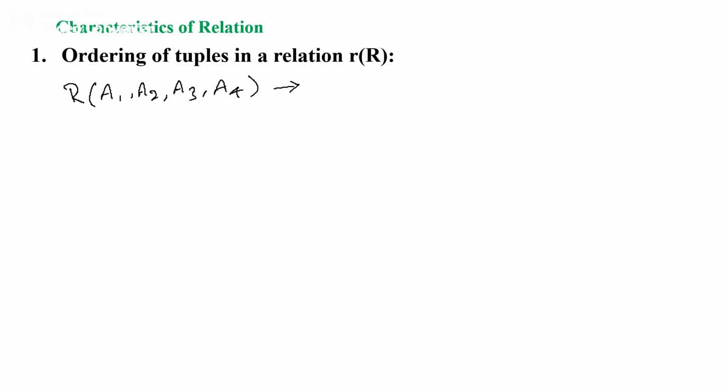For example, consider the employee table. It has employee ID, employee name, employee salary, and employee department number. Whenever we insert values into this table, the order might be different.